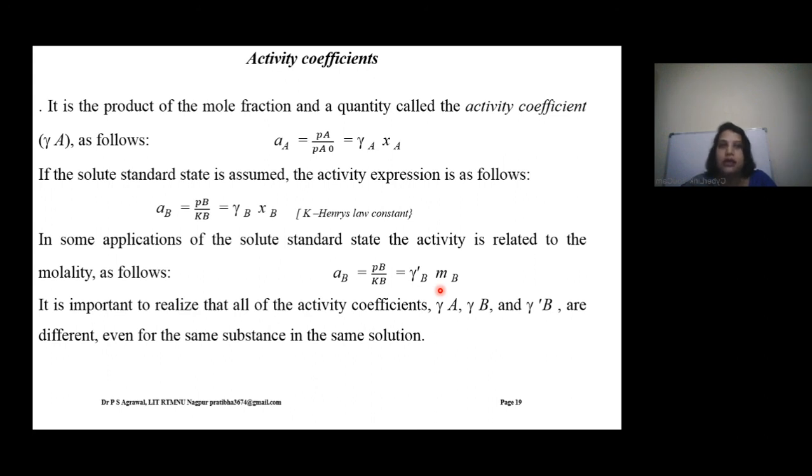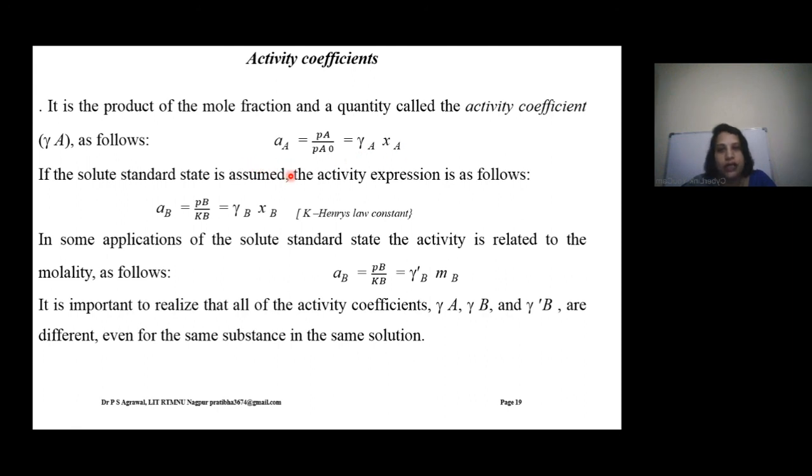In these cases, if the solvent standard state is assumed, then the activity is determined by the vapor pressure. It is a product of the activity coefficient and the mole fraction.